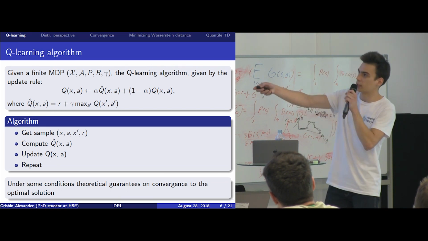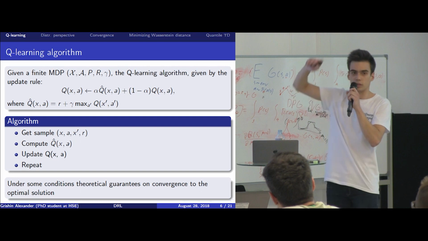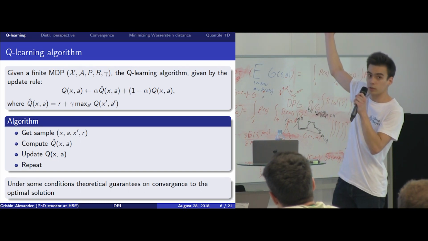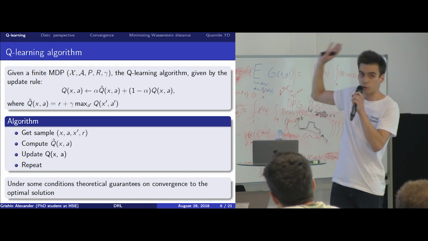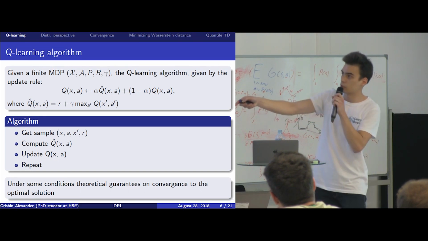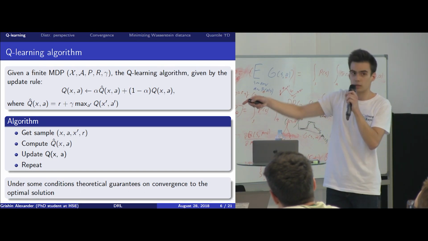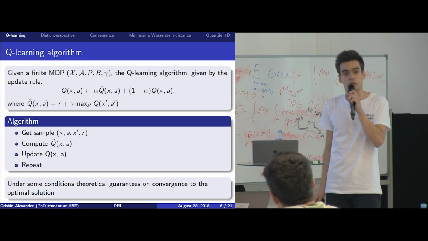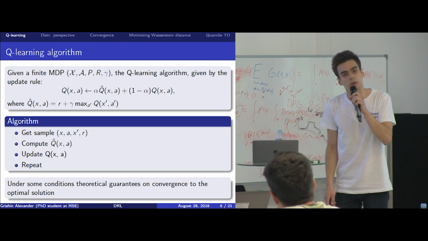We just get some trajectory from maybe a different agent, from somewhere, but from this environment, and we use this sample to update our Q, our value function. Do we learn our agent now?